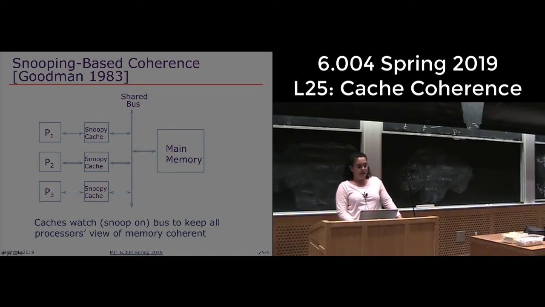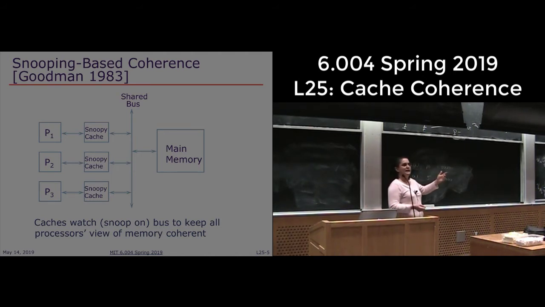Okay, and so the idea now is, when we studied caches initially, we basically said the cache is responsible for listening to the processor's requests, and so every time it gets a request from the processor, if it has the data in the cache, it's going to return it. If not, it's going to follow up with a request to main memory, get the updated data, and then return it to the processor.